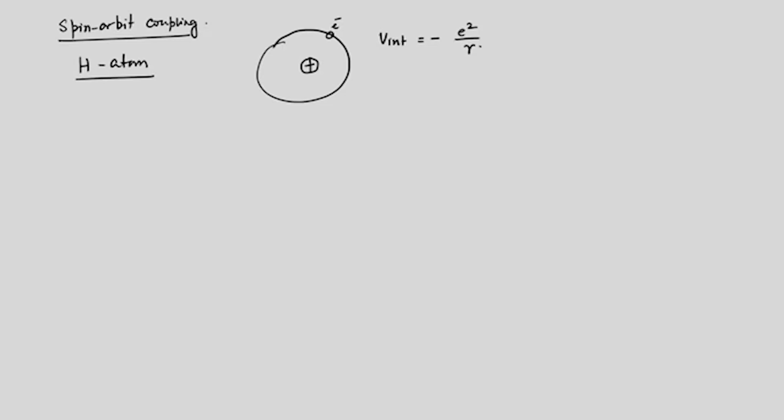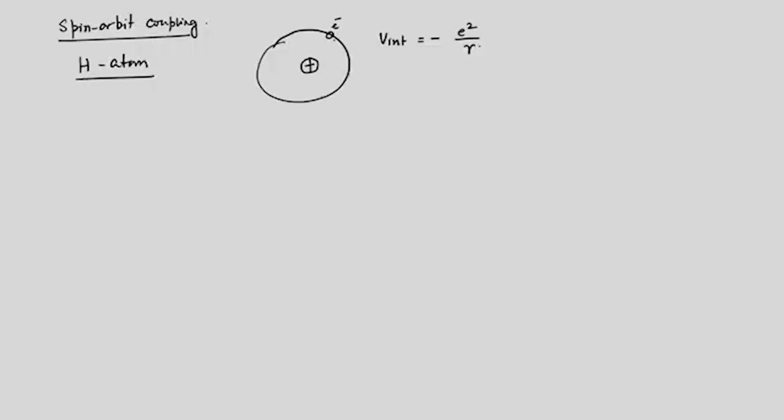So, in such a hydrogen atom, the electron goes around the nucleus in a circular orbit, and from Bohr's law we know that this orbit is stable. Even though it is a charged particle moving in a circular orbit, it does not emit radiation in certain selected orbits which are known as Bohr orbits, and in these orbits the angular momentum of the electron is quantized as n h-bar, where h is Planck's constant.